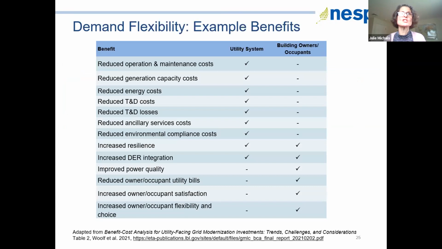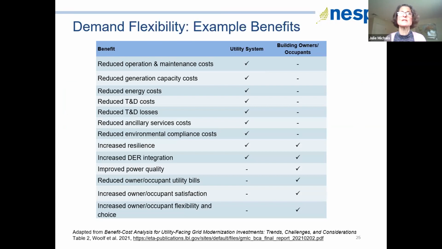And so this table I mentioned earlier is borrowed from LBL. I think it's a great slide. Maybe you have seen this based on some of the recent work and reports they've issued, focusing on demand flexibility. Here you have two columns showing where the value of demand flexibility lies within avoided costs, from the perspective of the utility system or from the perspective of a building owner occupant.